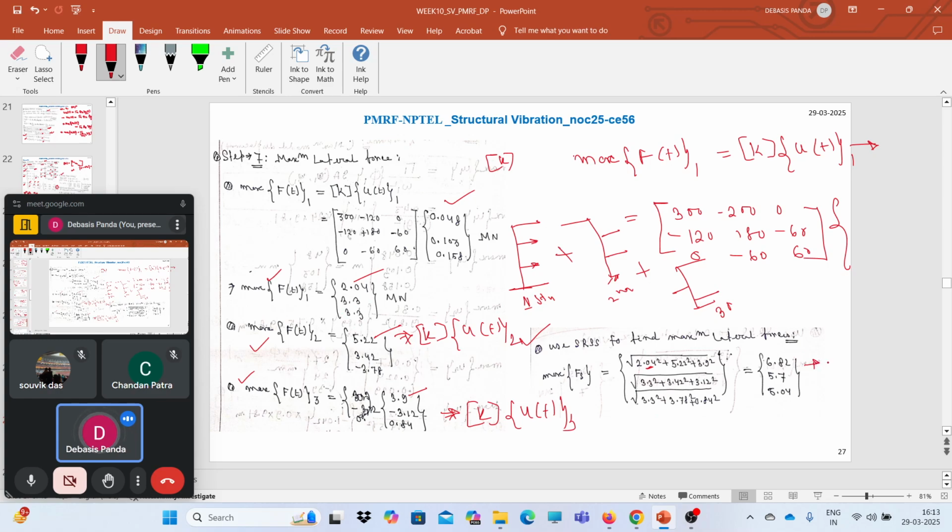So this is nothing but your F1 of T, this comes as F2 of T, and this comes as F3 of T. Right? So in this way, we can easily calculate the lateral forces acting on each story due to the different modes. Clear?